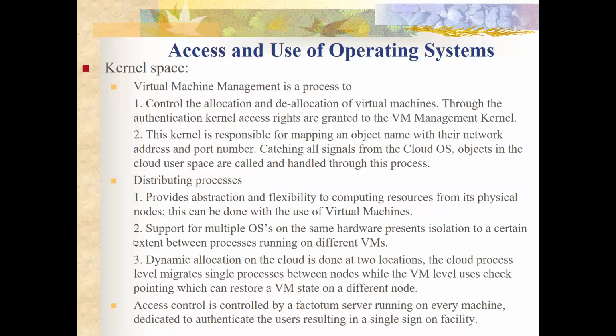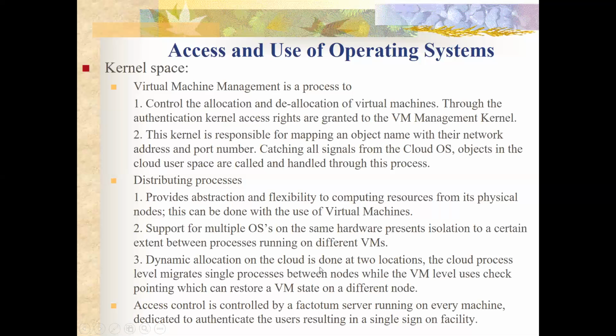Very important. Support for multiple operating systems on the same hardware presents isolation to a certain extent between processes running on different virtual machines. Remember, when I logged my PC into the IBM cloud, that created a virtual machine for me.